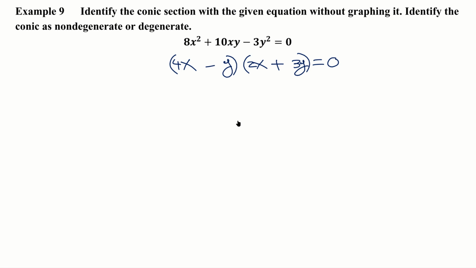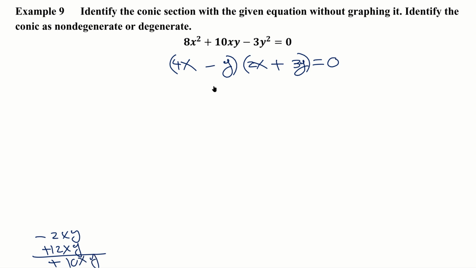So let's check it. First times first gives me the first term. Last times last, pay attention to the signs, does give me the last term. The inner product is negative 2xy. The outer product is positive 12xy. They do combine to give me positive 10xy. So the factorization is correct.